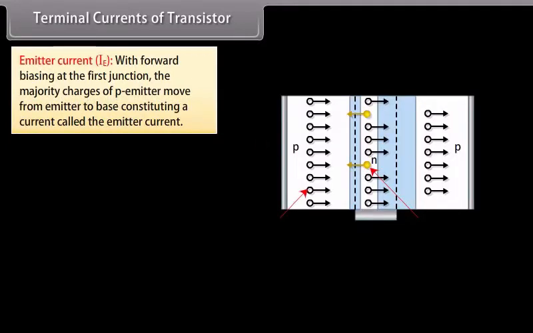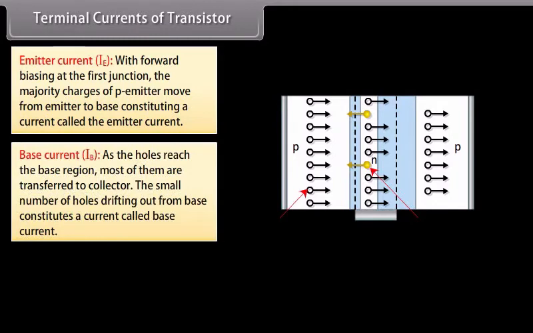Terminal currents of transistor. We consider a PNP transistor to understand the different terminal currents. Emitter current, IE. With forward biasing at the first junction, the majority charges of the P emitter move from emitter to base, constituting a current called the emitter current.